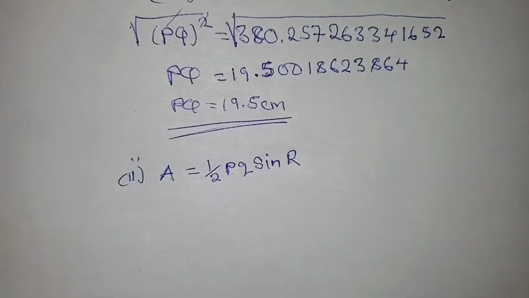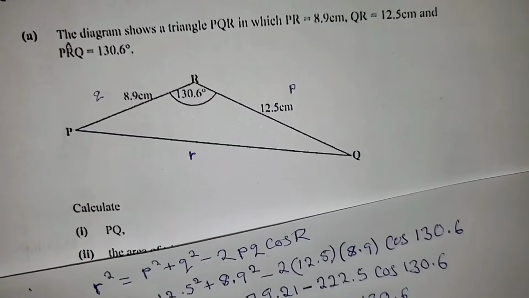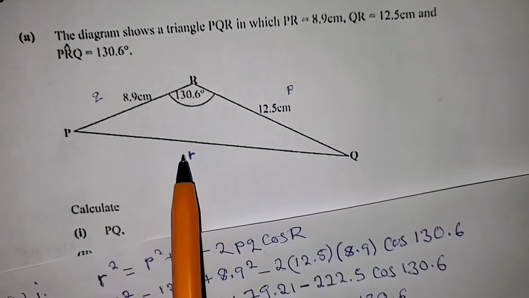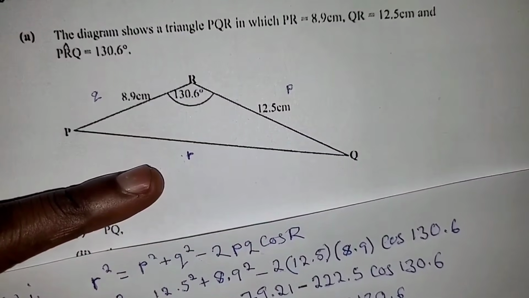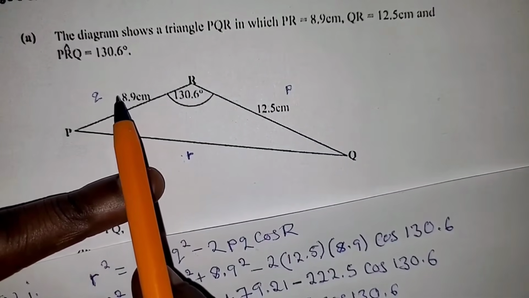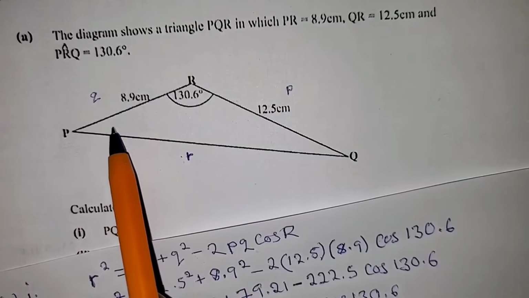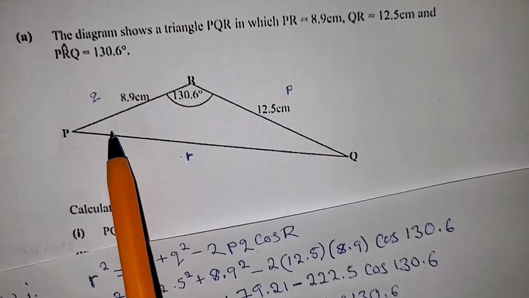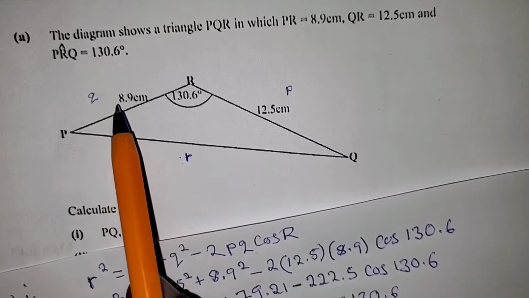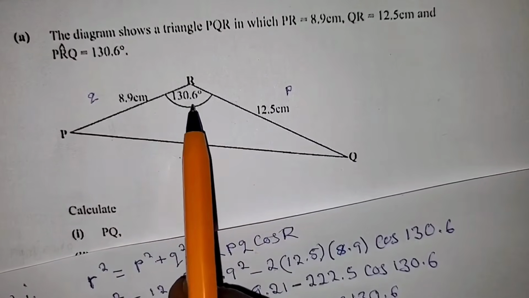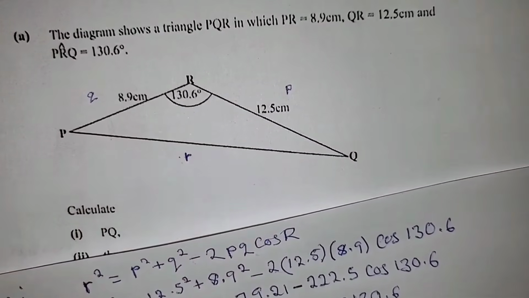If you use this side as 19.5 and this side, then we're supposed to use the angle which is here, and we don't know this angle, and it's not easy to find. So make sure you use the two given sides and the angle which is already there.